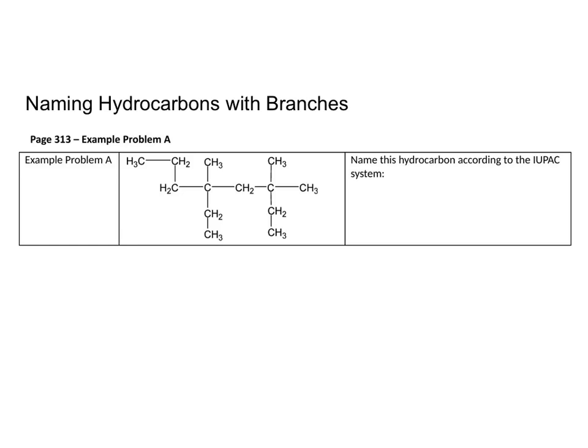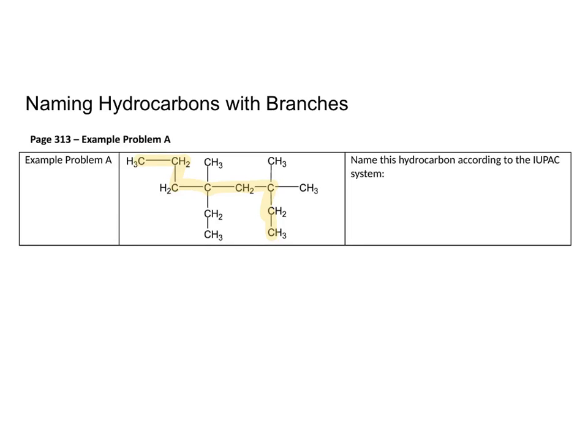So in this case, if I went 1, 2, 3, 4, 5, 6, I lied. Let's try that again. 1, 2, 3, 4, 5, 6, 7, 8. It looks like 8 is going to be my longest continuous chain.